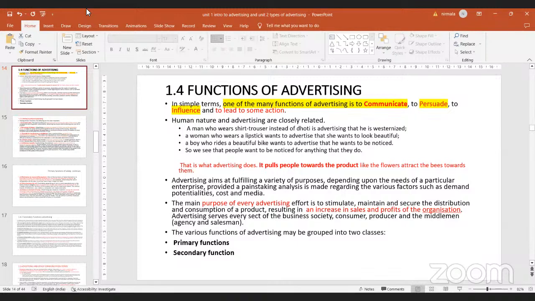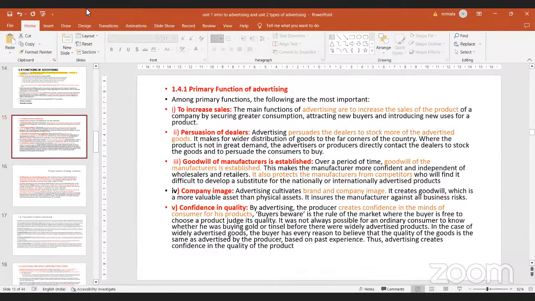Even the primary function of advertisement is to increase the sales of the company which launched those products and services.